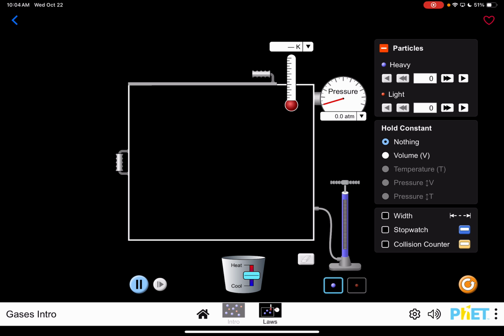We are going to look at how a gas behaves with all of its different properties. The properties that define a gas are its pressure, which we abbreviate P, and that's in units of atmospheres, which is going to be our standard unit. The volume, V, in liters.